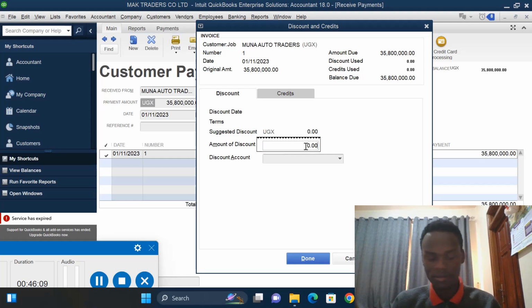So have 0.02 of the amount, which is 35,800. 35,800,000.